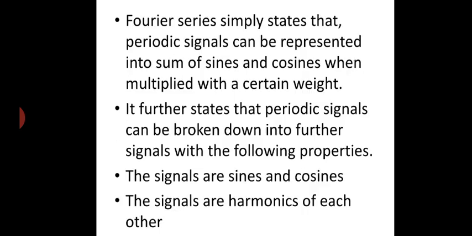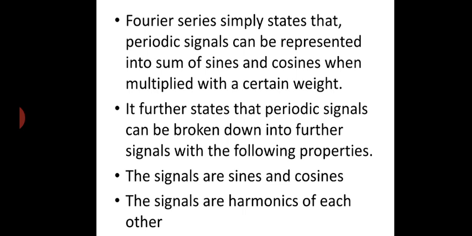Okay, now we see what the Fourier series is. The Fourier series simply states that a periodic signal can be represented as a sum of sines and cosines when multiplied with certain weights.